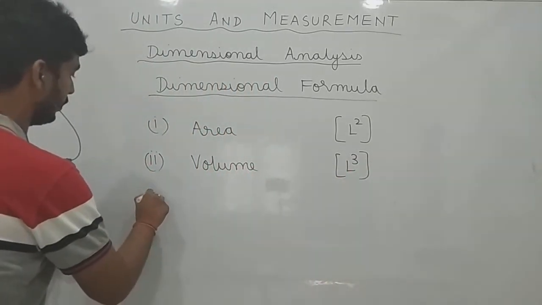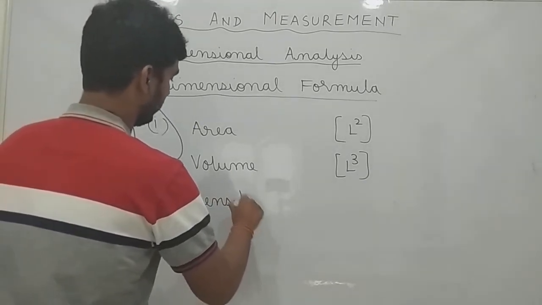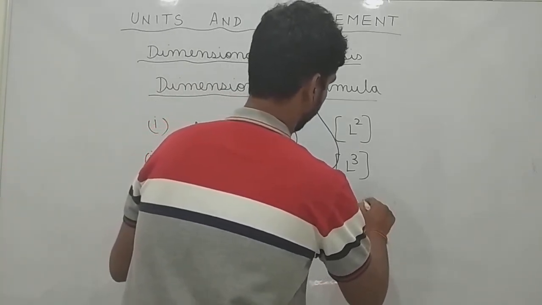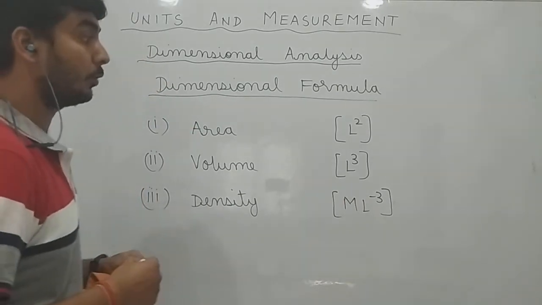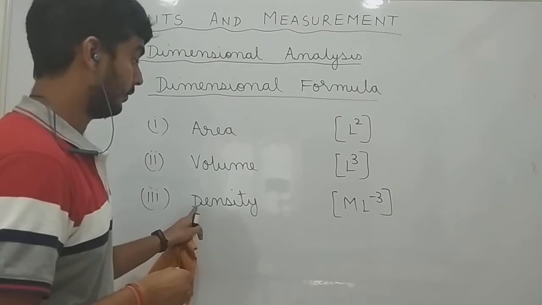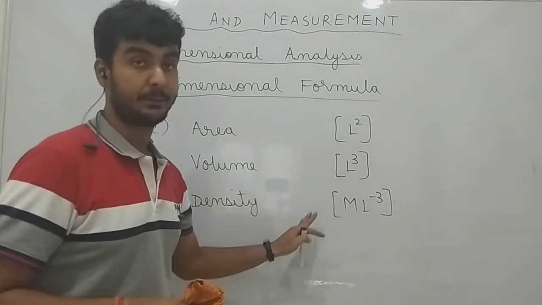The dimensional formula for density we have written was M L to the power minus 3. The dimensional formula for velocity also we have written. So these are basically the dimensional formulas.